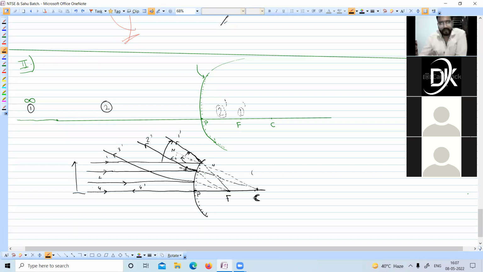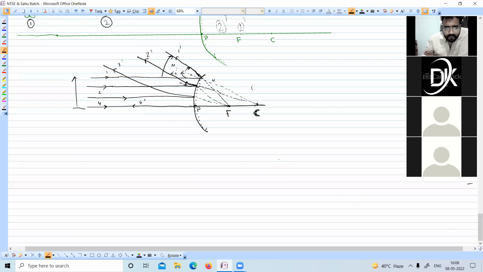Why half? Because we proved it from similar triangles. So this is what we have, the focus. All the parallel incident rays in front of a convex mirror always appear to intersect at the focus, and we are getting the image 1 dash, as you can see. Now if I talk about 2 dash, let us redraw the diagram of that as well. You will come to know.